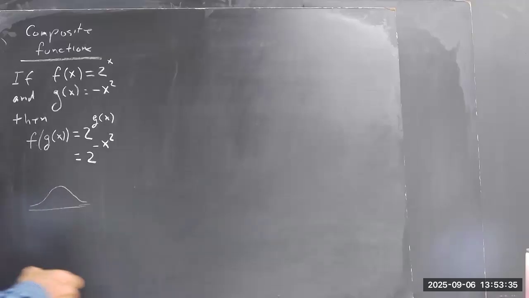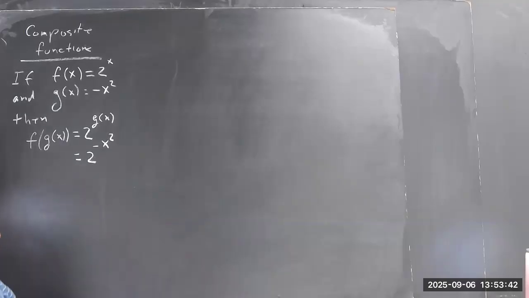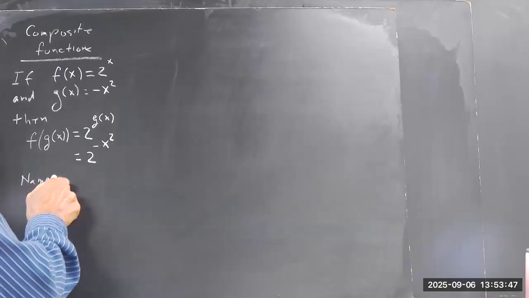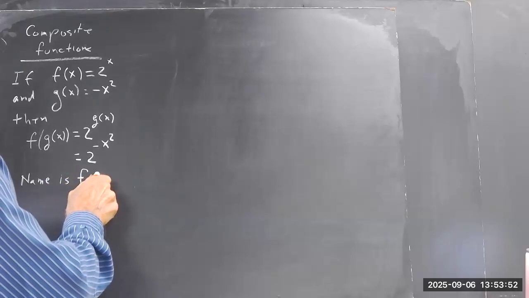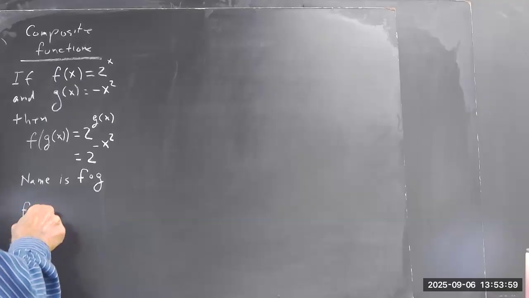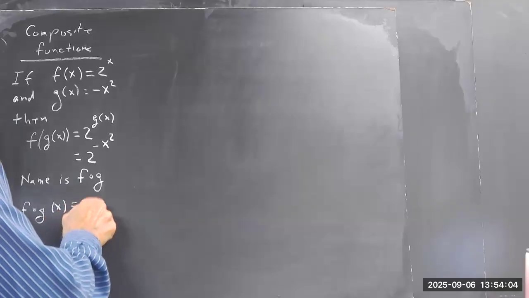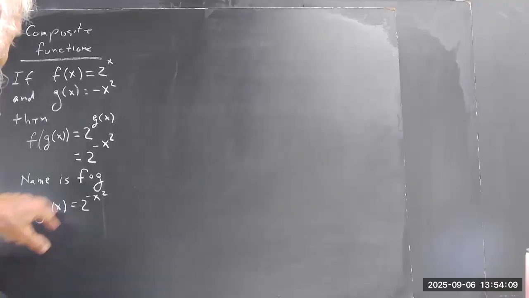There's another notation for this. This function has a name. It's f circle g. So you say f circle g of x is 2 to the negative x squared. f circle g is just a way of giving this a name.